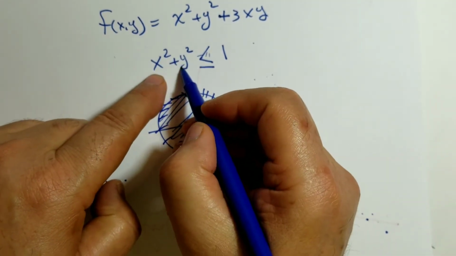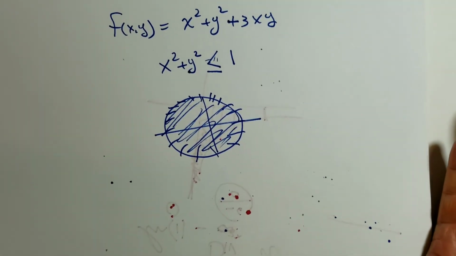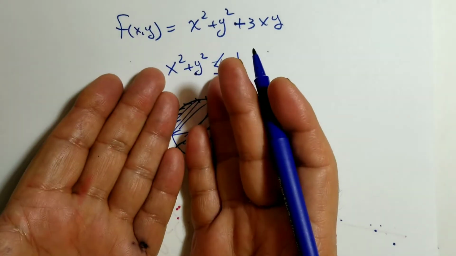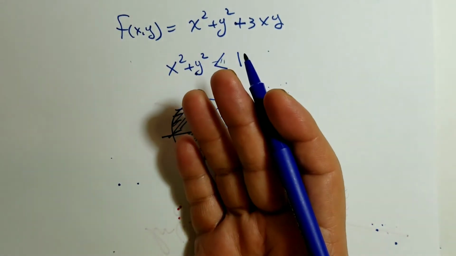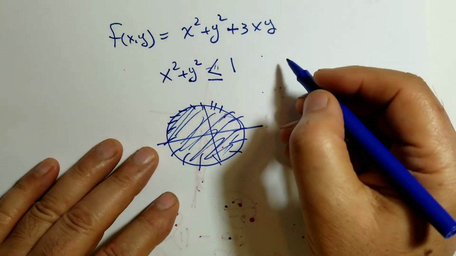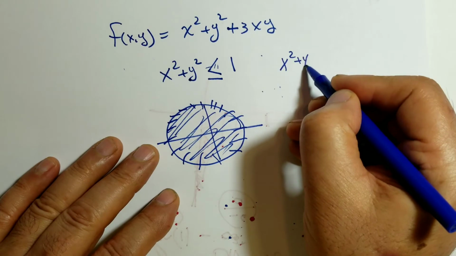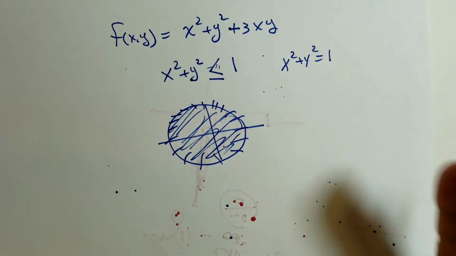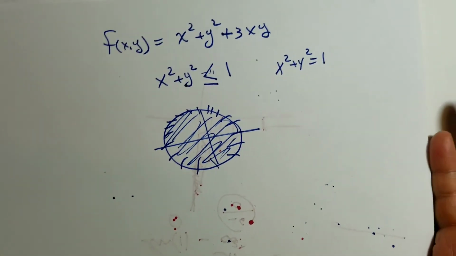I'm going to write my constraint, but I cannot write my constraint as a function of z, because that's an inequality. And Lagrange, you cannot apply Lagrange multiplier here. For Lagrange multiplier, your x squared plus y squared must become an equality, not an inequality.